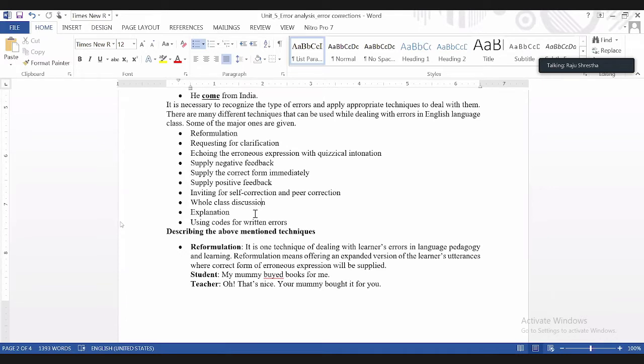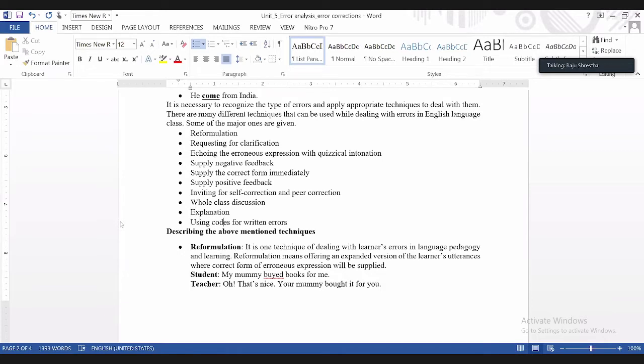The name of that student will be hidden. Just a piece of writing that contains many errors, we demonstrate in the class. The students observe and find some errors in the writing, and we discuss. So this kind of whole class discussion we can do, and explanation that explains the rules and errors, why that error is there.